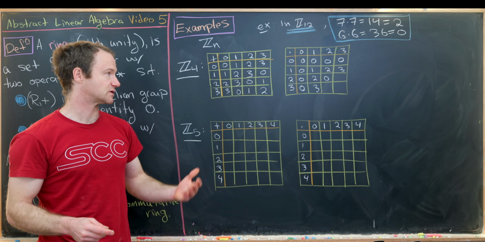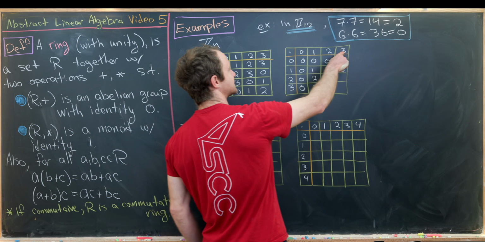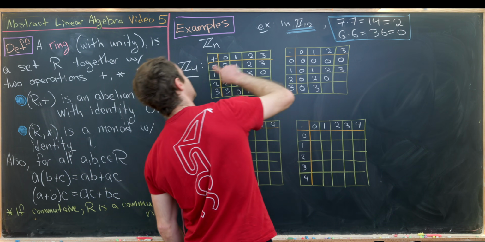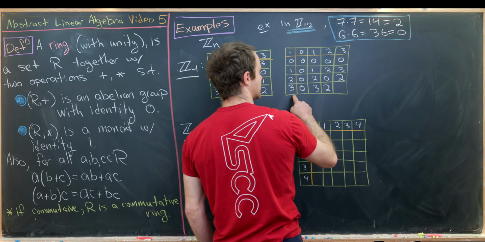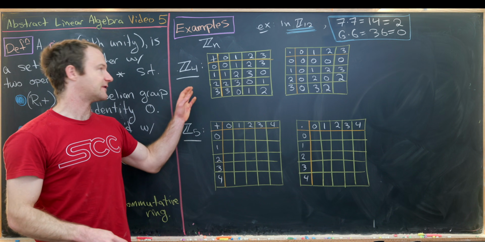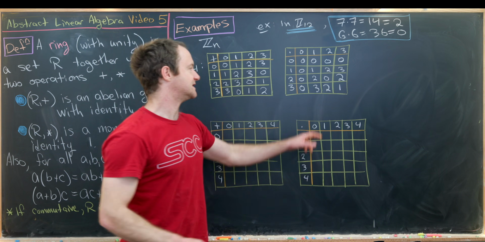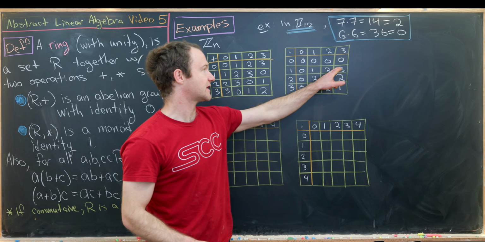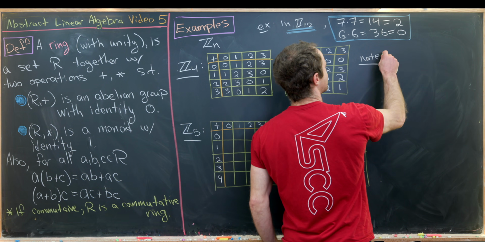In class, we'll talk about this a little bit more deeply. Now let's look at 2 times 3, that's 6. But if you divide by 4 and keep the remainder, you'll get 2. So that means we have a 2 here and a 2 here. Now 3 times 3 is 9. Divide by 4 and keep the remainder, you will get 1. So that means the multiplicative inverse of 3 is itself. Let's note that. Some weird things are going on here.